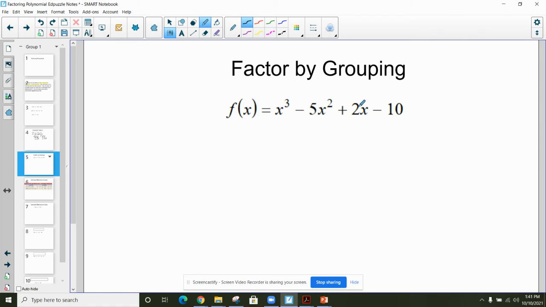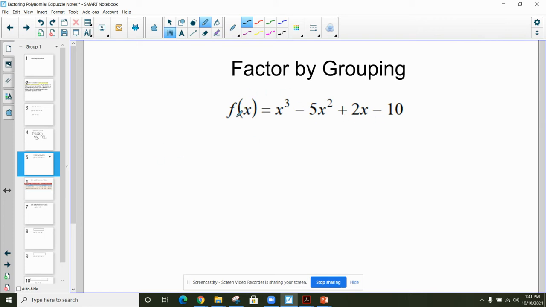But factor by grouping may work with 6 terms, 8 terms, any even amount of terms, because you break them up into groups evenly. It doesn't always work with 4 terms, but we want to check because it's easier than the other strategies, which we're going to learn next week, like the rational root theorem.